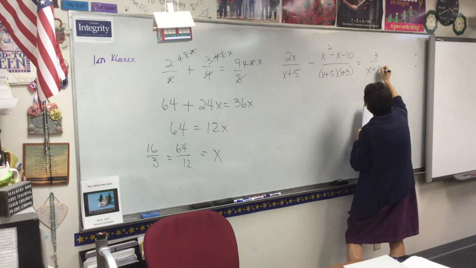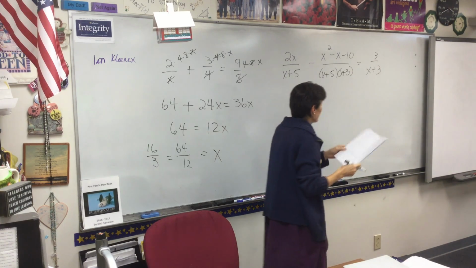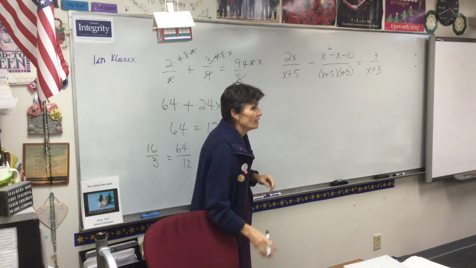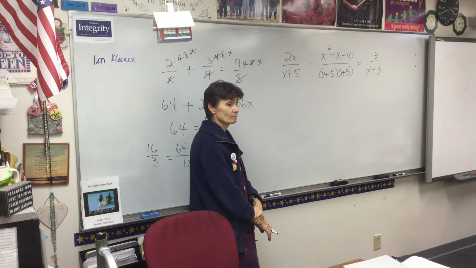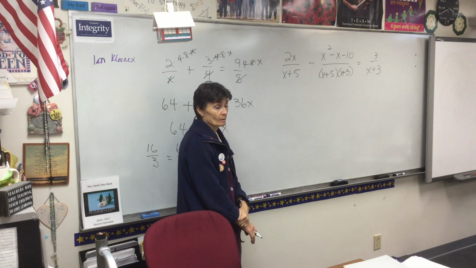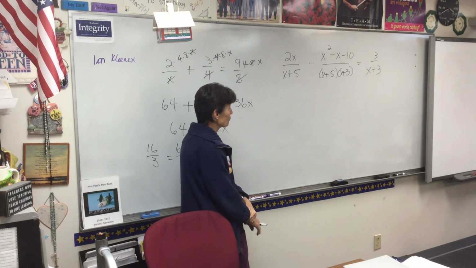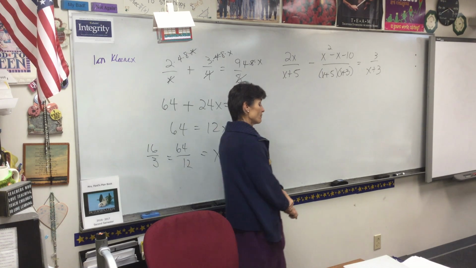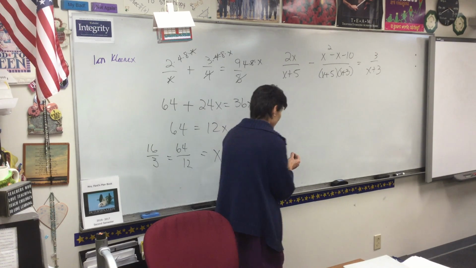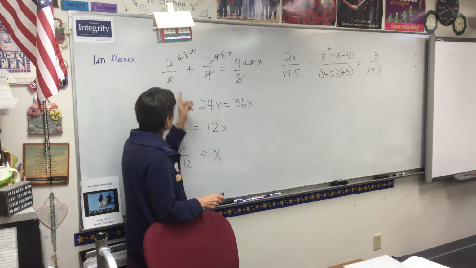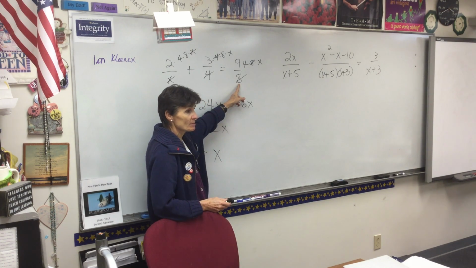Okay, as I wrote down the problem, what did I do? Do you see? I factored my denominator. I always factor my denominators if they factor, because that's what I'm going to be multiplying by. Kids, over here, didn't we multiply by the denominators?